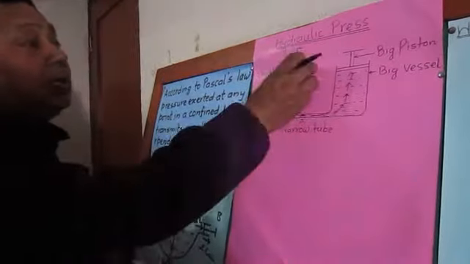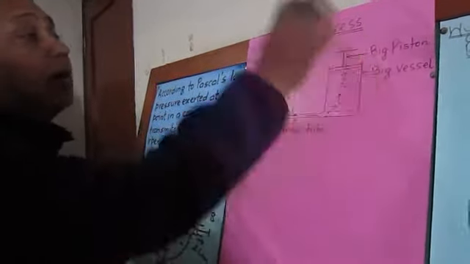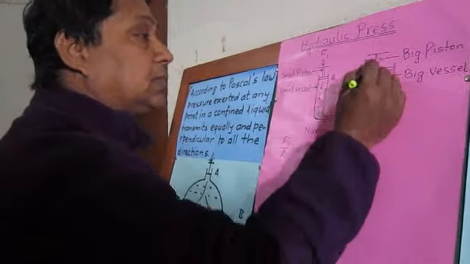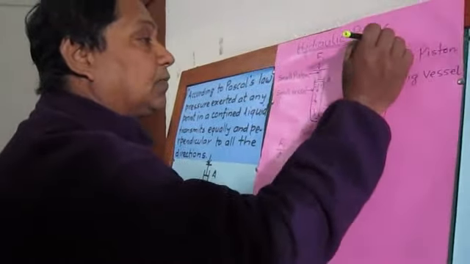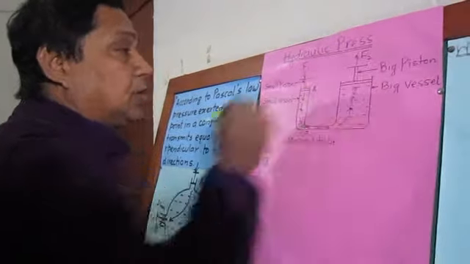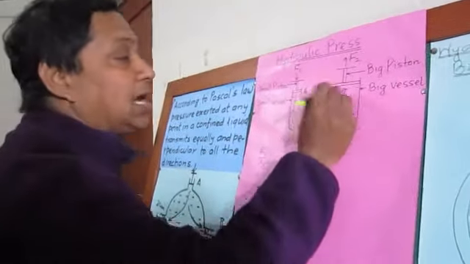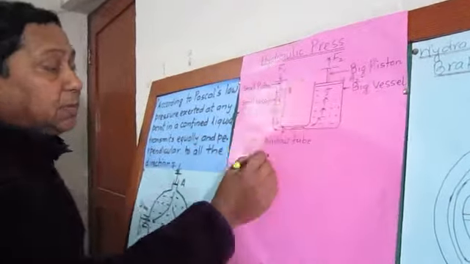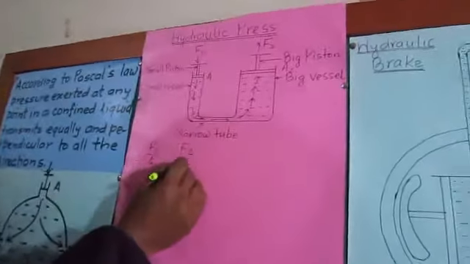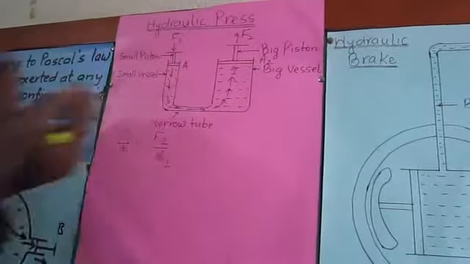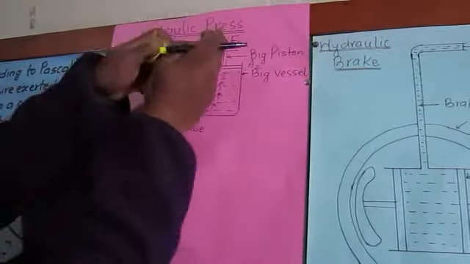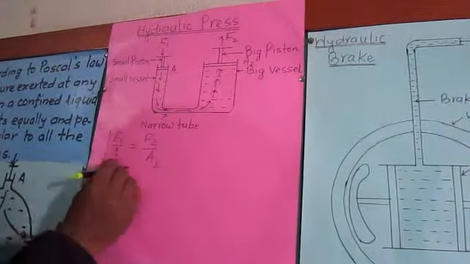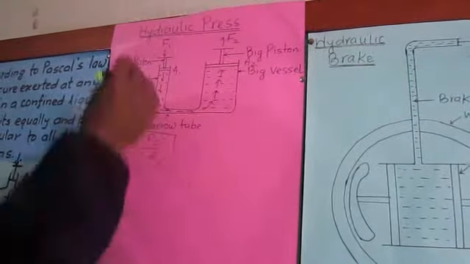But in the big piston, the force produced because of this pressure is, let's say, F2, and the area of the big piston is, let's say, A2. Then pressure on the big piston will be F2 by A2. According to Pascal's law, the same pressure transmits to this place also. That's why F1 by A1 equals F2 by A2. This is the equation obtained for the hydraulic press.